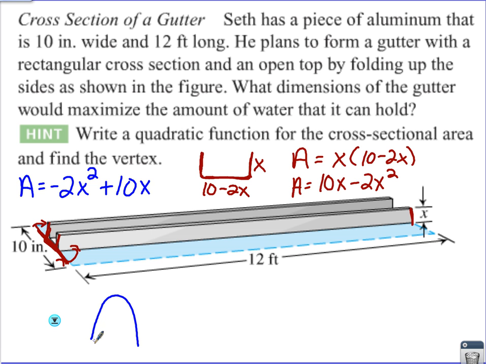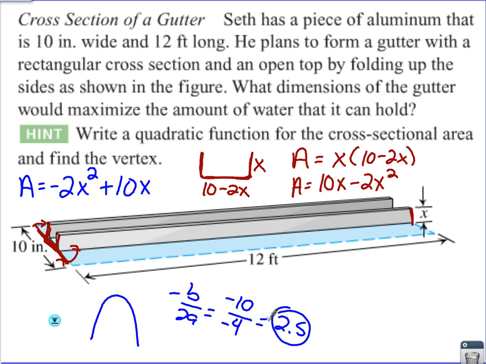As my x values increase, my area values increase, but once I hit a certain point, as I keep increasing my x's, my area values start decreasing. So to find the vertex, again, the vertex is located at negative b over 2a, or negative 10 over negative 4, which is 2.5.